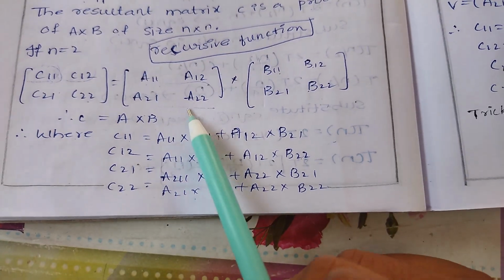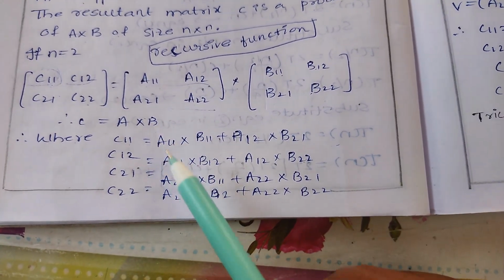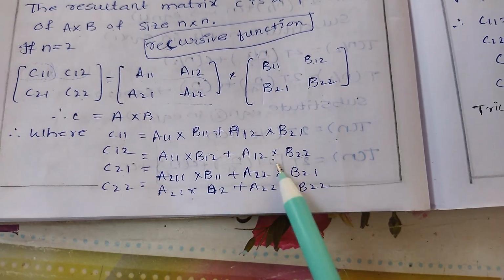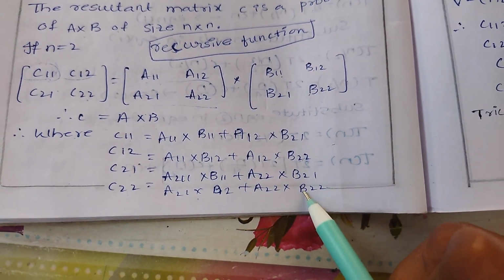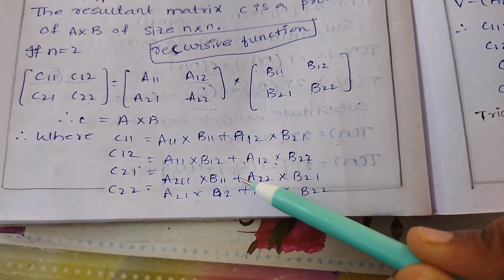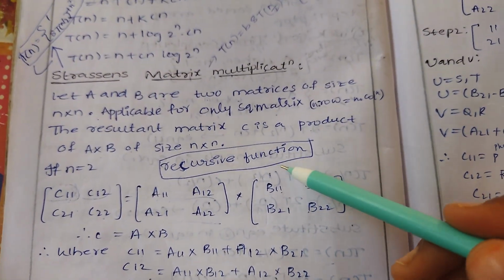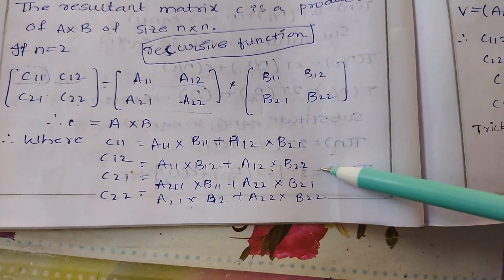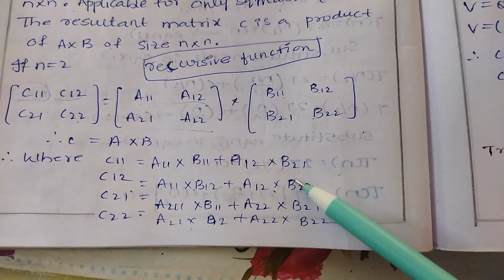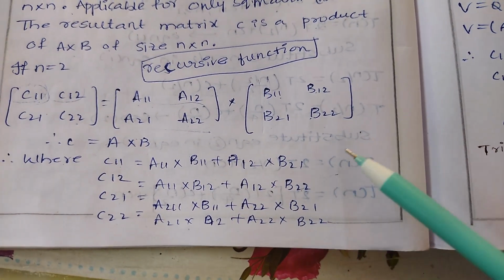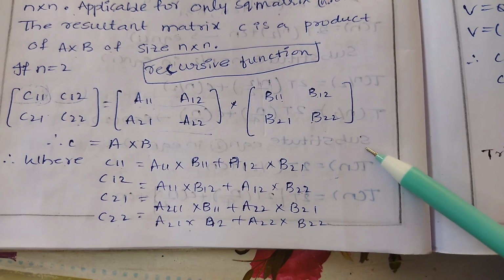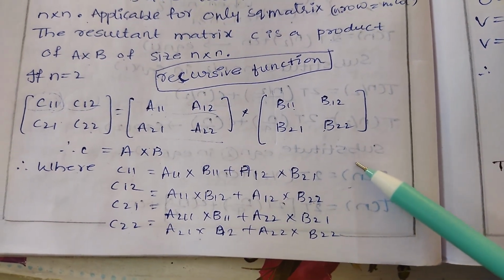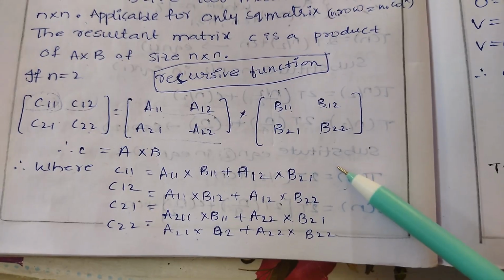These are the steps we use for multiplication. We need to perform 8 multiplications and 4 additions. By using Strassen's matrix multiplication, he has introduced this multiplication concept using 7 multiplications. In the general case, there are 8 multiplications. By using Strassen's matrix multiplication, we need only 7 multiplications.